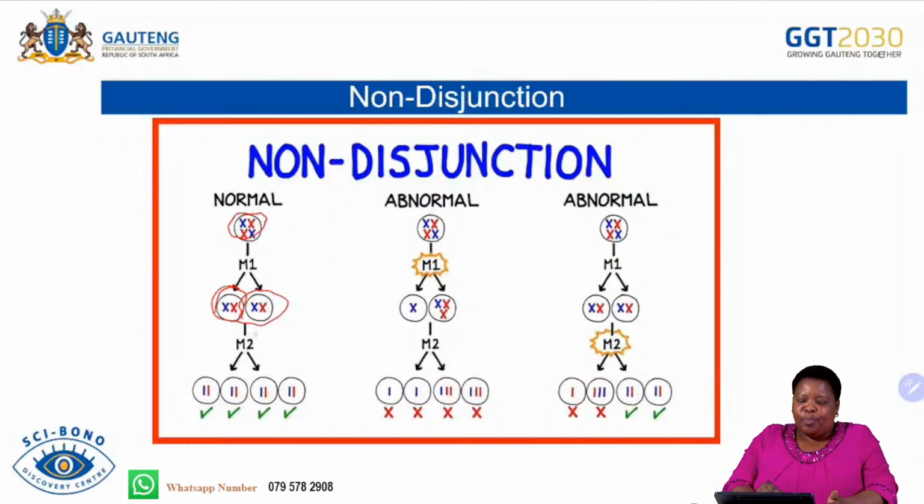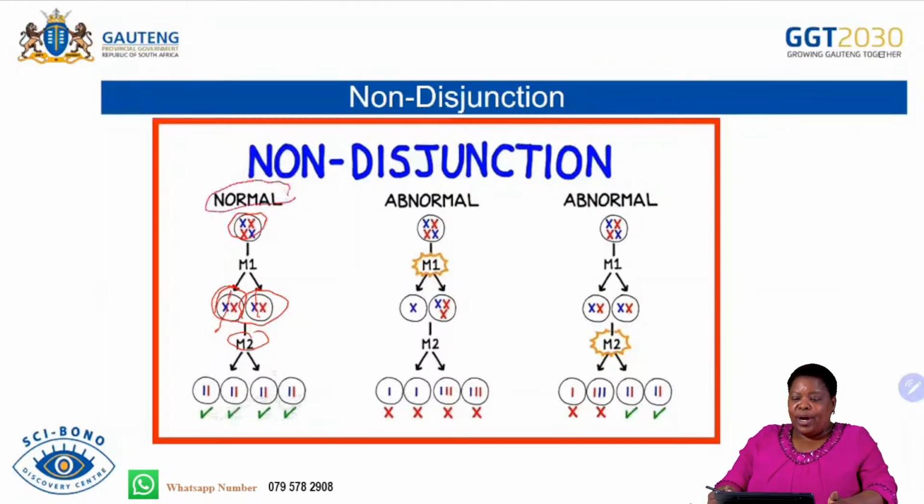Now when meiosis 2 takes place, check what is going to happen. Chromosomes will be separating. We're going to have one this side, one this side. Chromosomes will be separating. We're going to have 2 chromosomes this side, 2 chromosomes this side. So after meiotic division has taken place, we're going to have the formation of 4 different cells, 4 different gametes, and this we call normal meiosis.